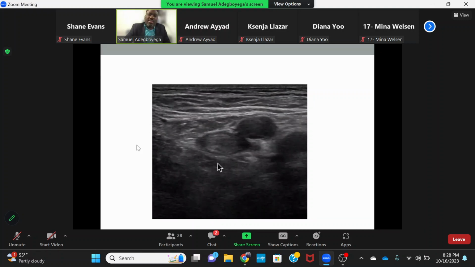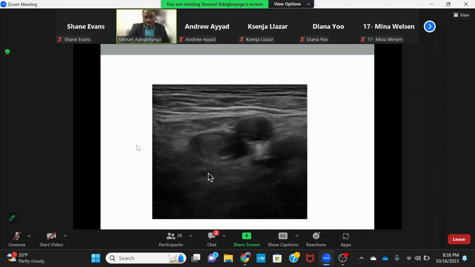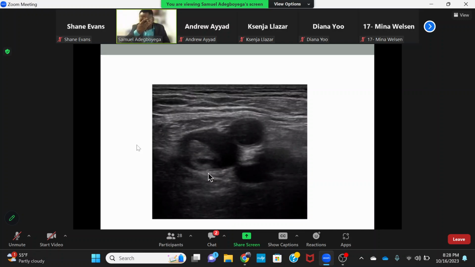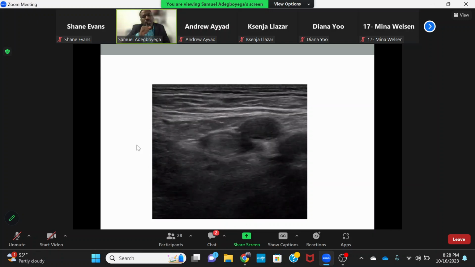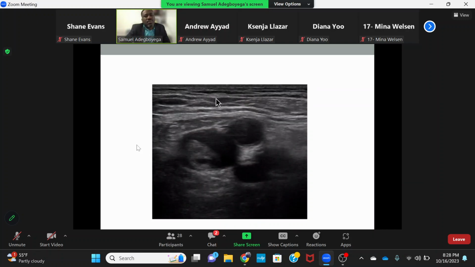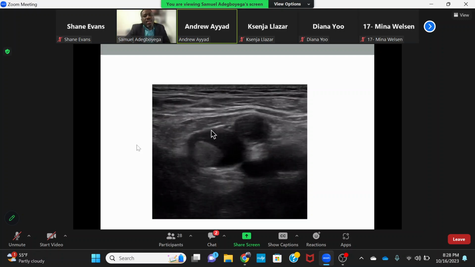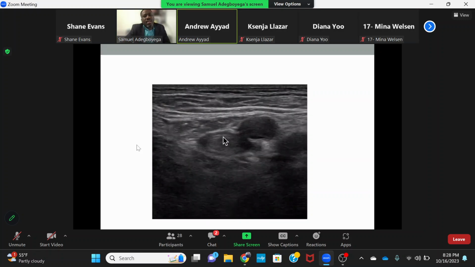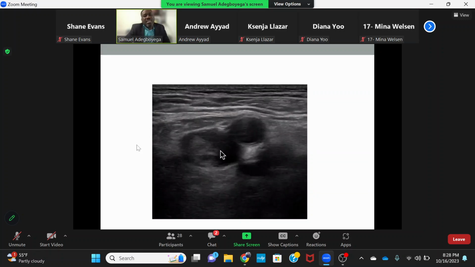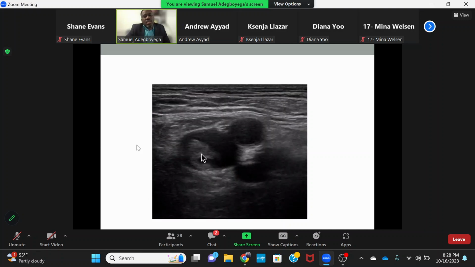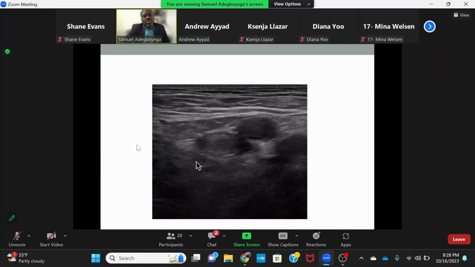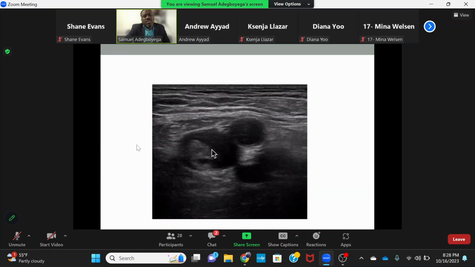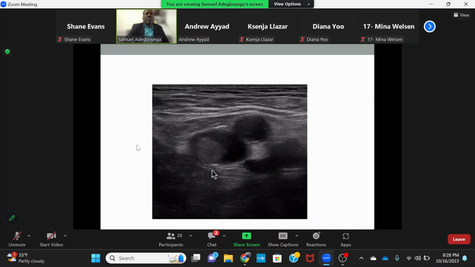Is this compressible or non-compressible? What do you think right here? I want to say it's non-compressible. So does that mean this patient has DVT or no DVT? What do you think?